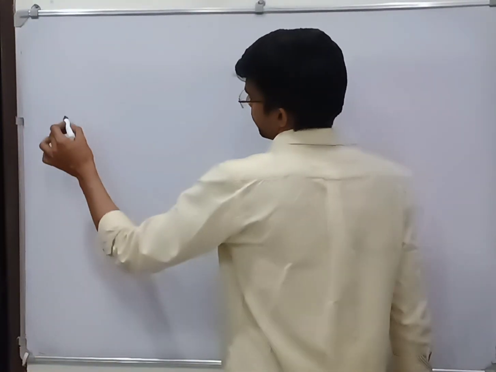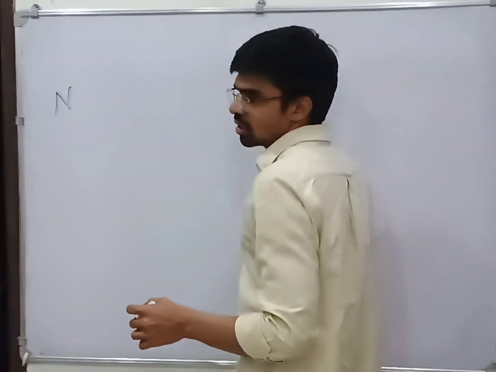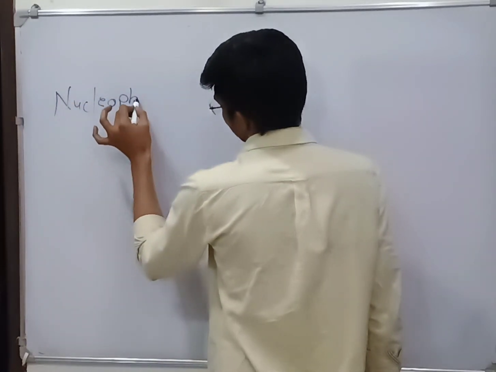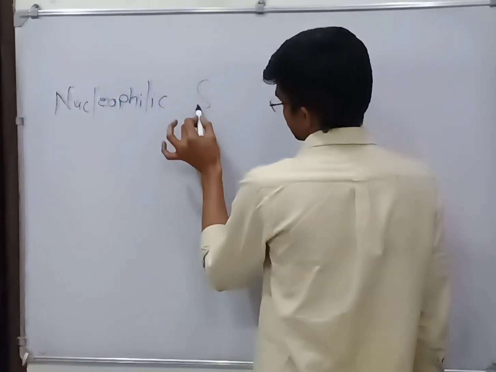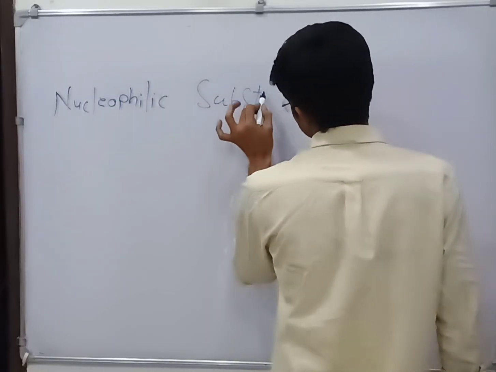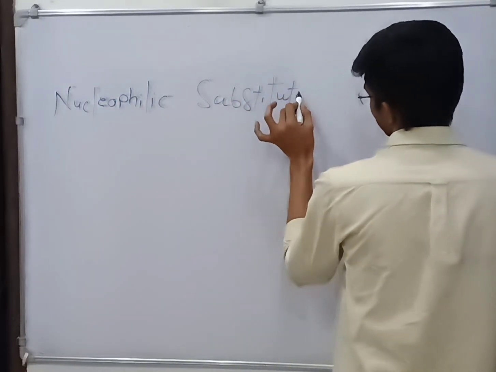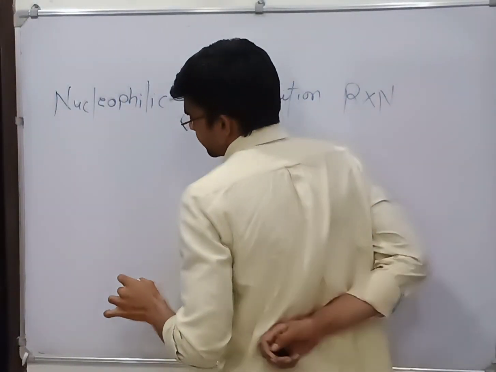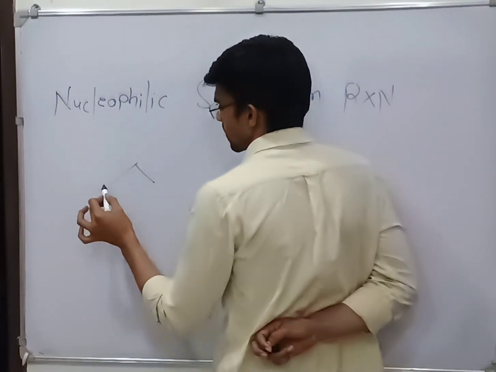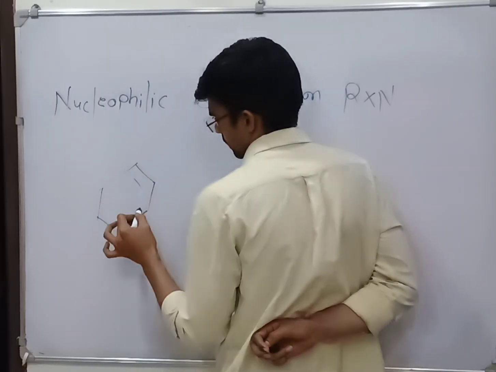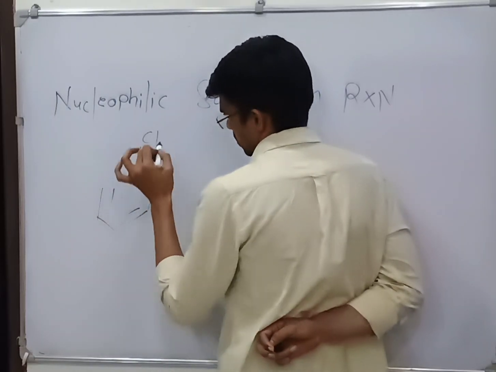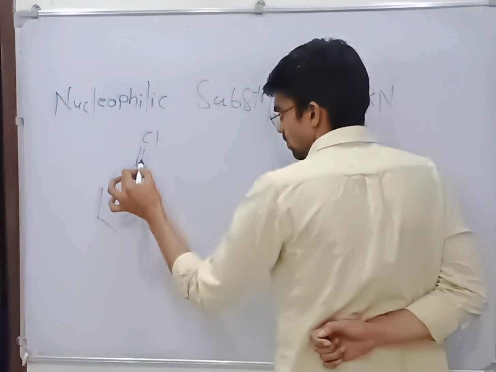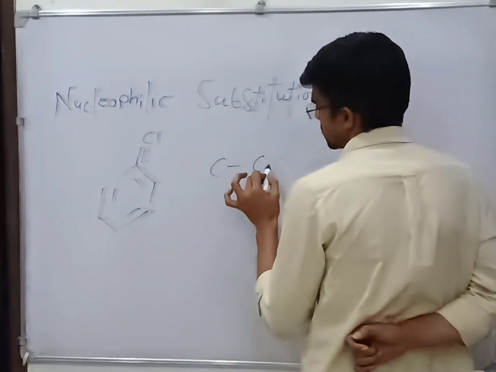Now, nucleophilic substitution reactions shown by the haloarene. As we know, in haloarenes there is a partially double bond character between the carbon and Cl bond.